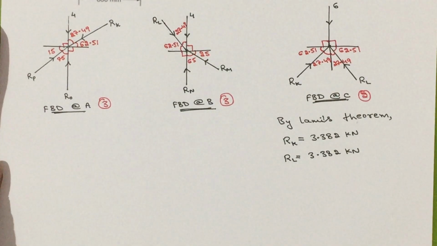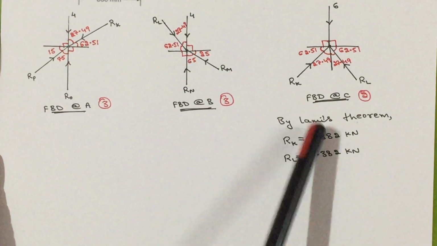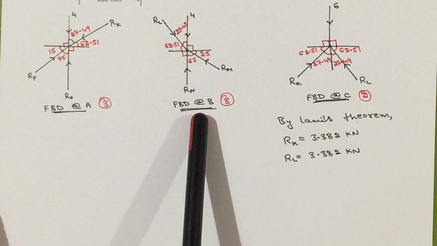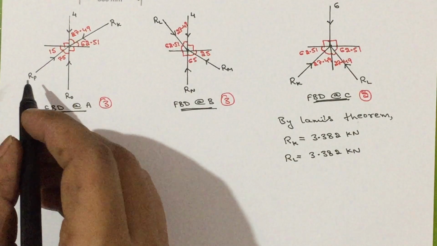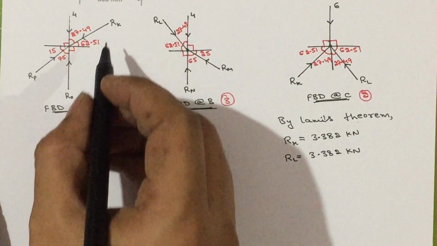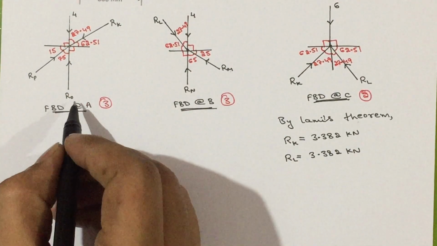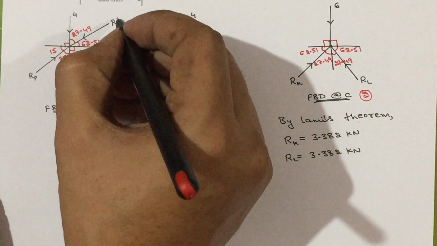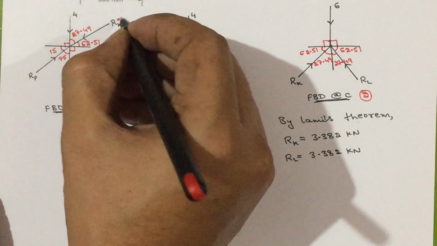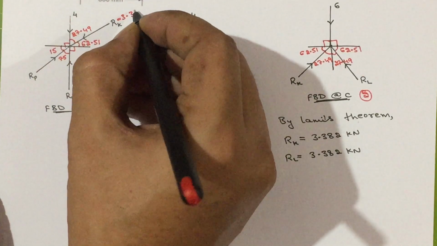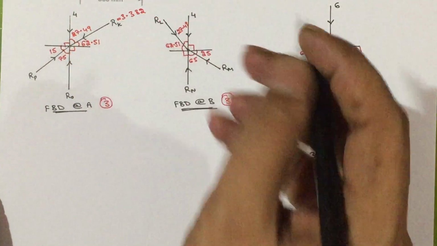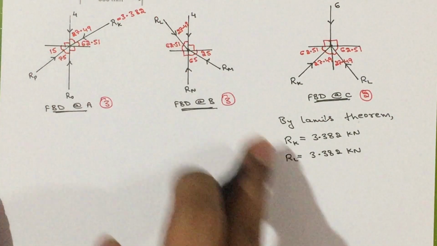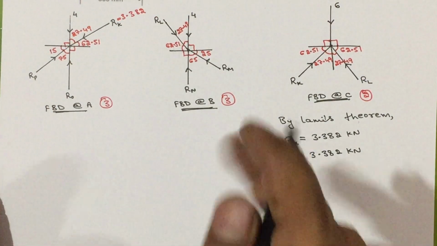Once we find that, go to the next free body diagram, either the free body diagram at A or at B. At A, we have unknowns RP, RO and RK, but RK we calculated, that is 3.382. In this free body diagram, the unknowns are RL, RN and RM, but RL we calculated as 3.382.